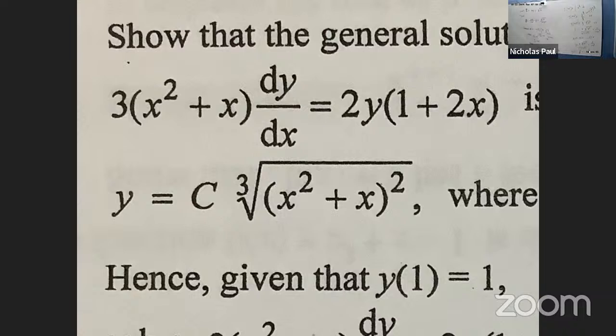Good. So you have to figure out if it's separation. Right? Separating variables or integrating factors.